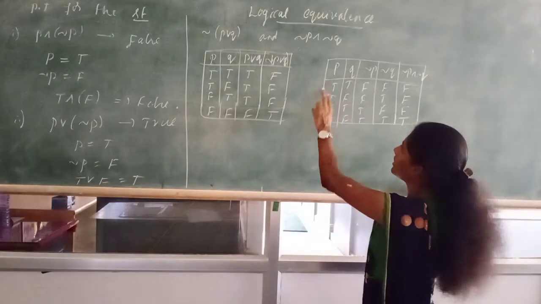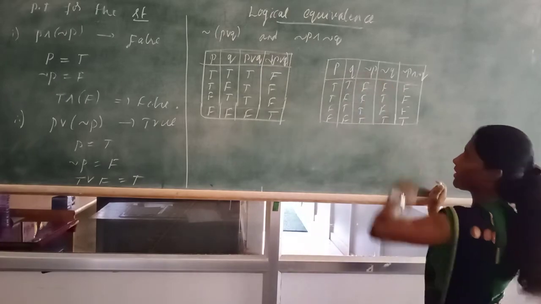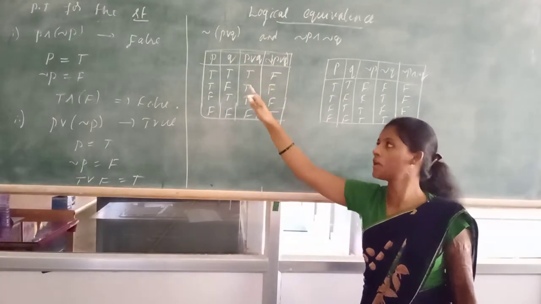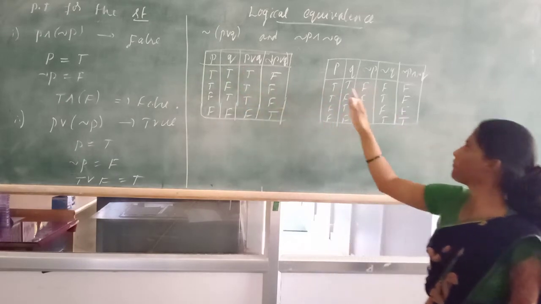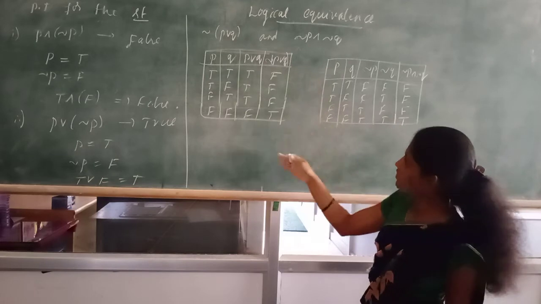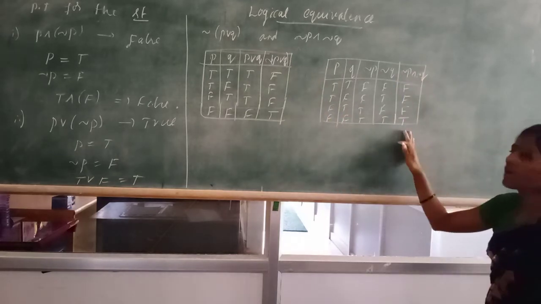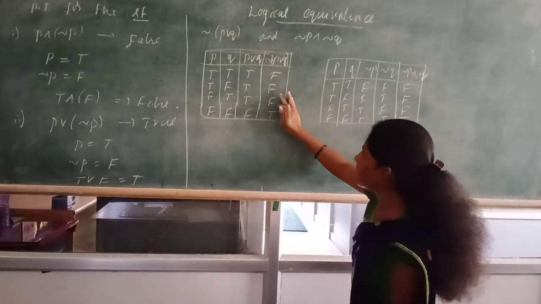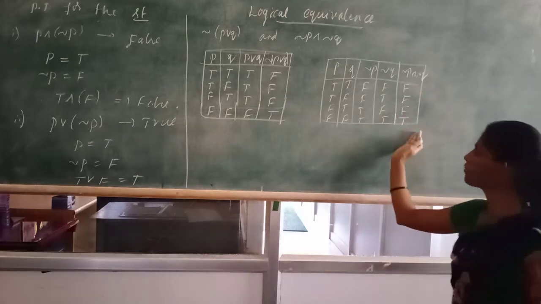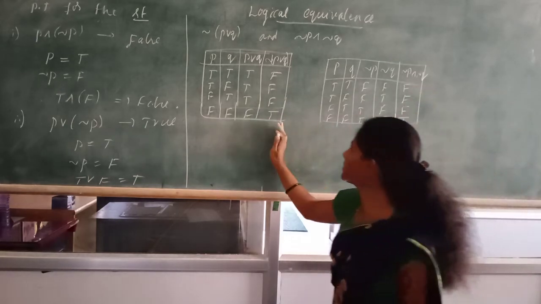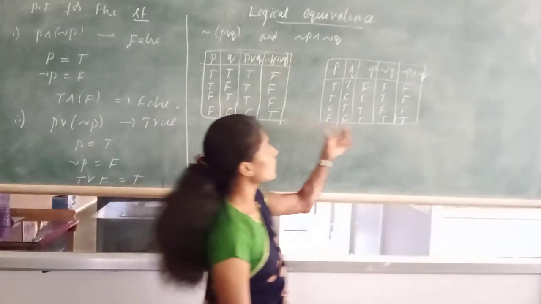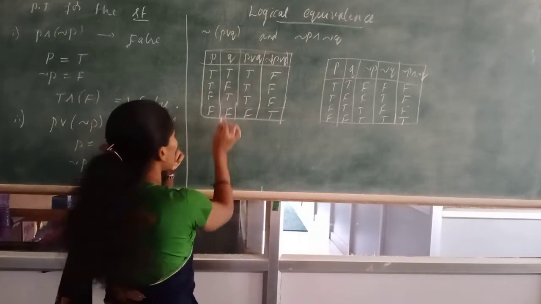So here is negation P and negation Q, here only P or Q. These are different combinations of truth values, but in the last column, what will be the result? False, false, false, true. Here also false, false, false, true. So both are the same. So this is said to be a logical equivalence.